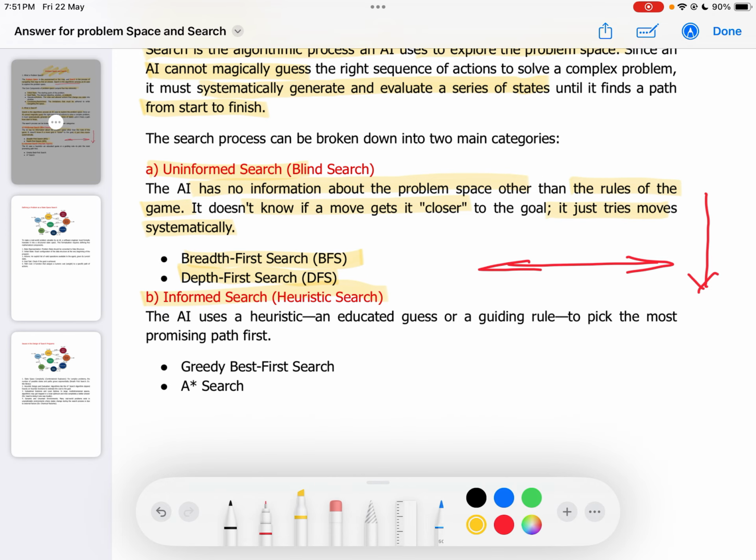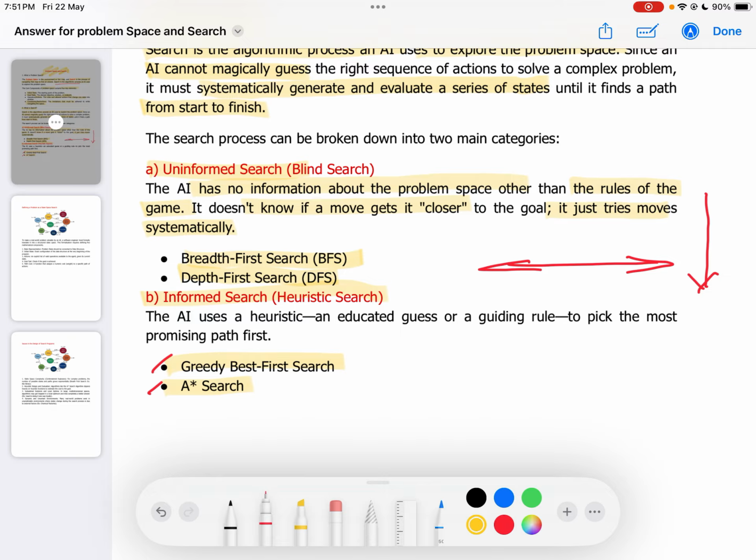Second is informed search. Here we have greedy best first and A star. Actually, these two are the ones mostly used, and we have two videos, one for greedy best first search and one for the A star algorithm search. So if you want a detailed explanation, it is there in those videos.